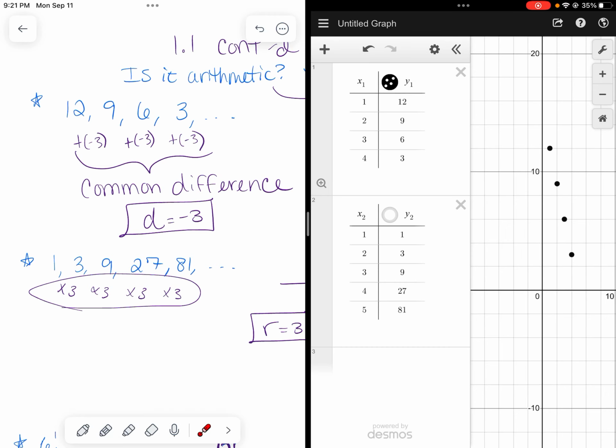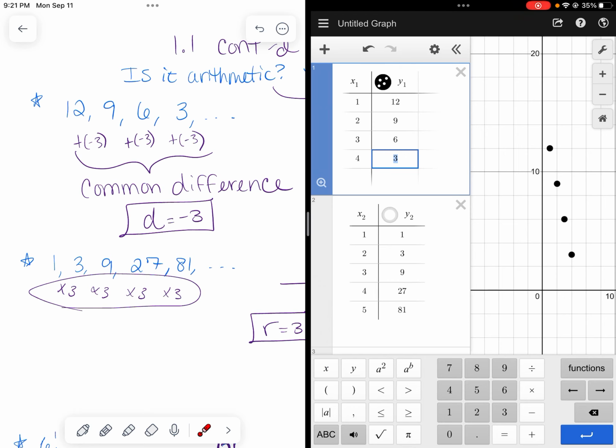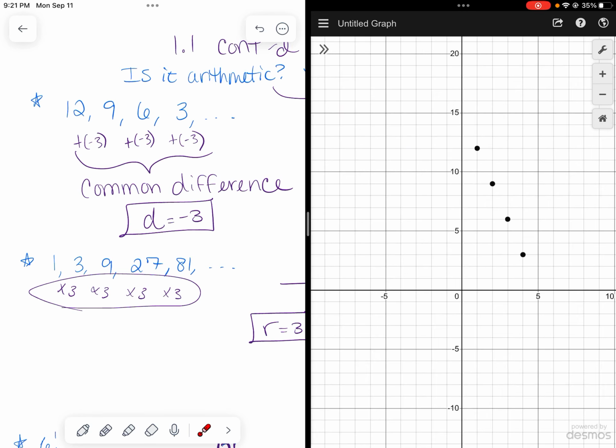That's my first term, second, third, and fourth. Then I entered the output values over here, 12, 9, 6, and 3. And if you look, they're generating these 4 points, right? So you're looking at that and trying to decide maybe what type of function that would be.